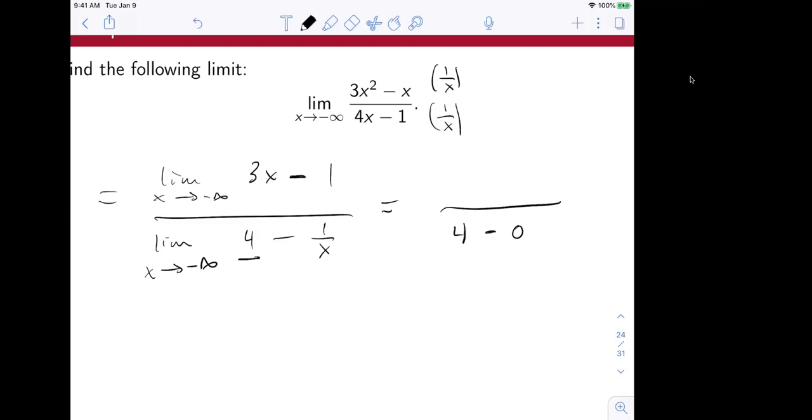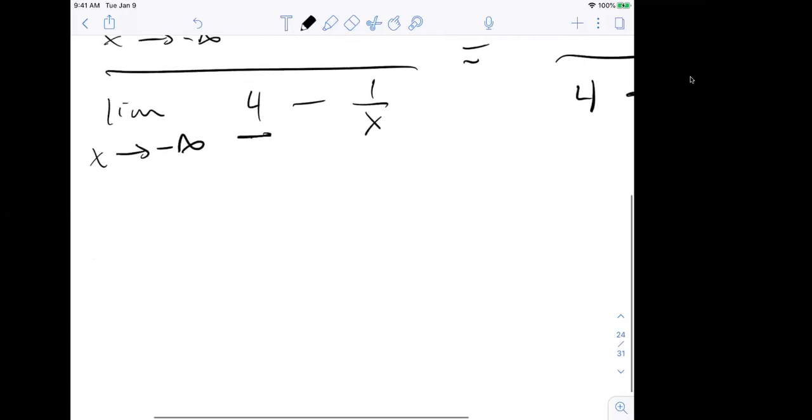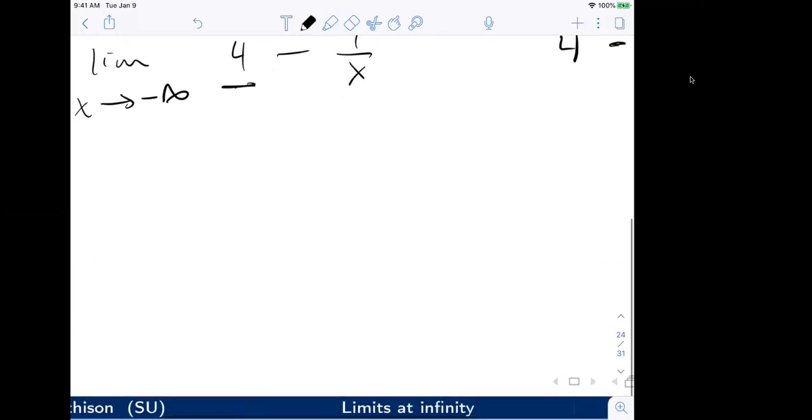Up top, what am I going to get? The limit as x approaches negative infinity of 3x minus 1. Well, let's just look at a graph of 3x minus 1 really quick.